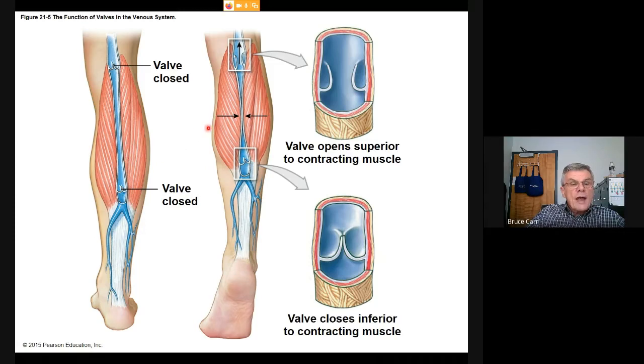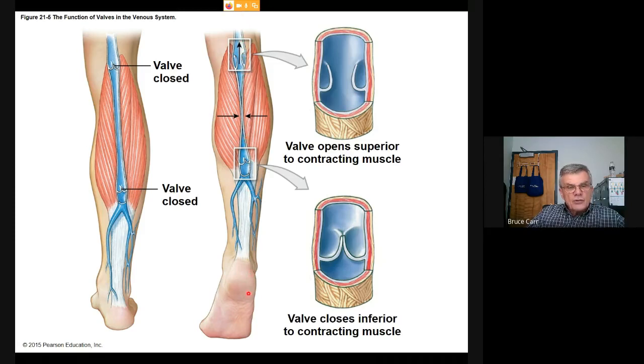When the muscle contracts, it contracts inward and squeezes this vein. Now, this is force that's being applied to the blood in the vein that does not come from the heart. And because of this vein system, this pressure is going to tighten this lower valve, but as it decreases the volume of this chamber, it will squeeze blood through the upper valve.